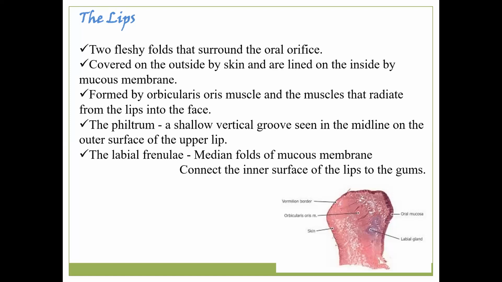So the lip is formed by the orbicularis oris muscle and the muscles that radiate from the lips into the face. And the upper lip has a shallow vertical groove on the midline that is called the philtrum. This philtrum is seen on the outer surface of the upper lip.